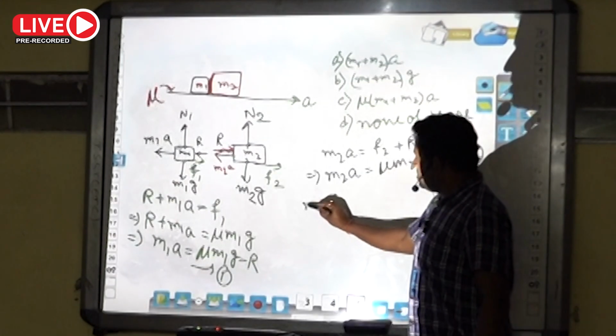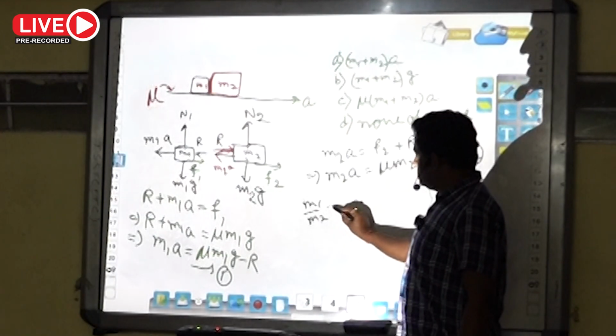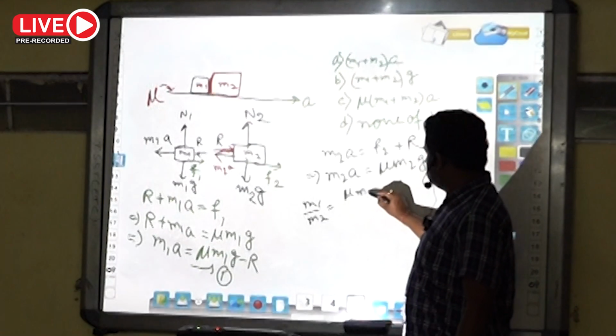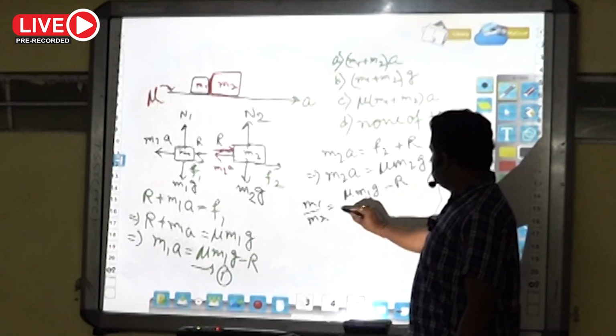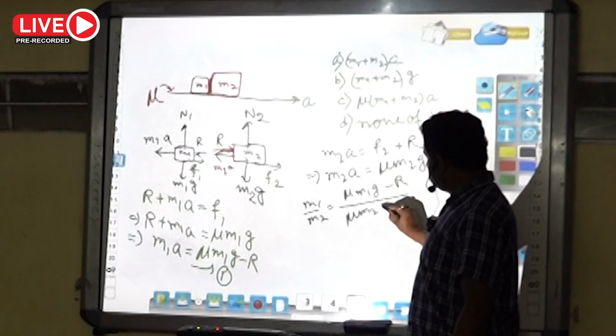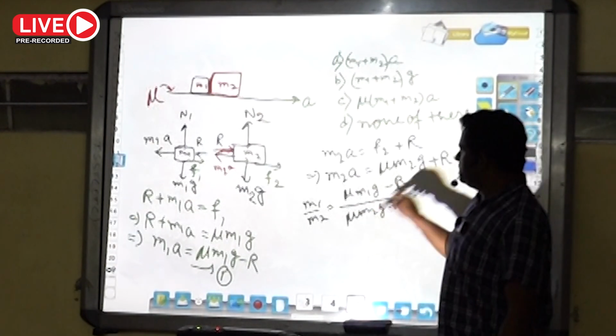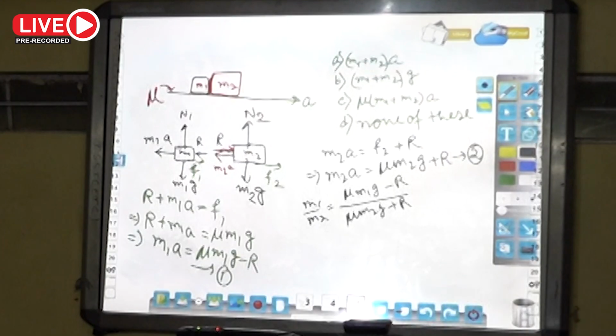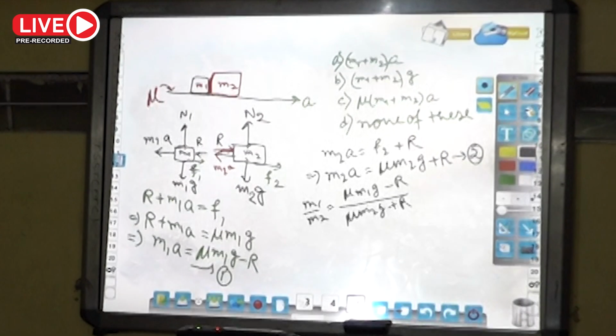So it will be M1 by M2 equal to mu M1G minus R by mu M2G plus R. Just cross multiply now.